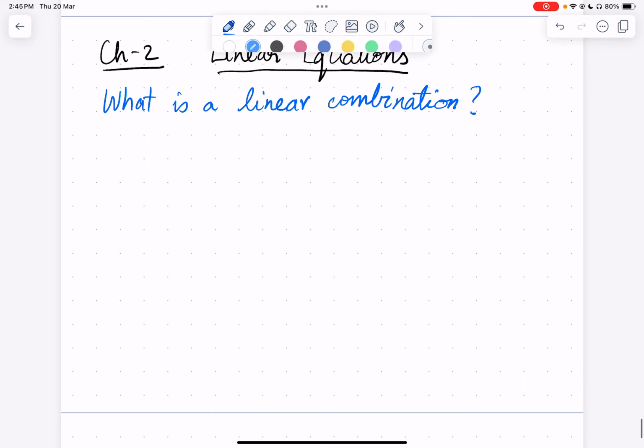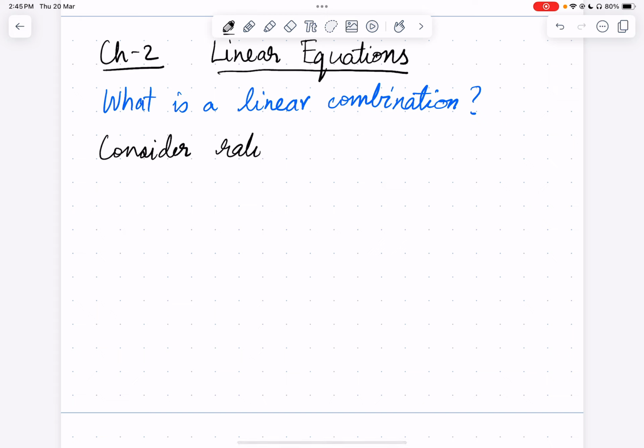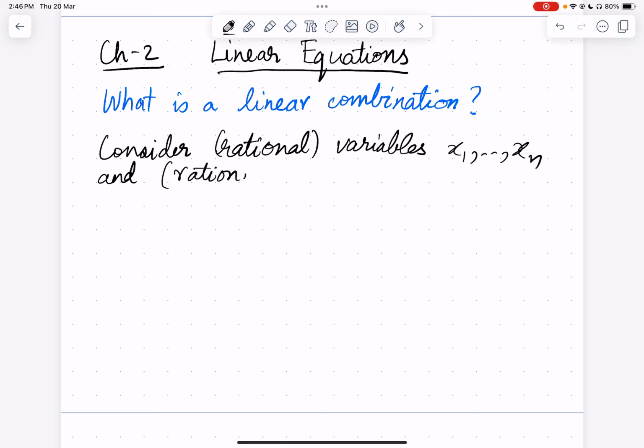So consider rational variables x1 through xn and rational numbers a1 through an.